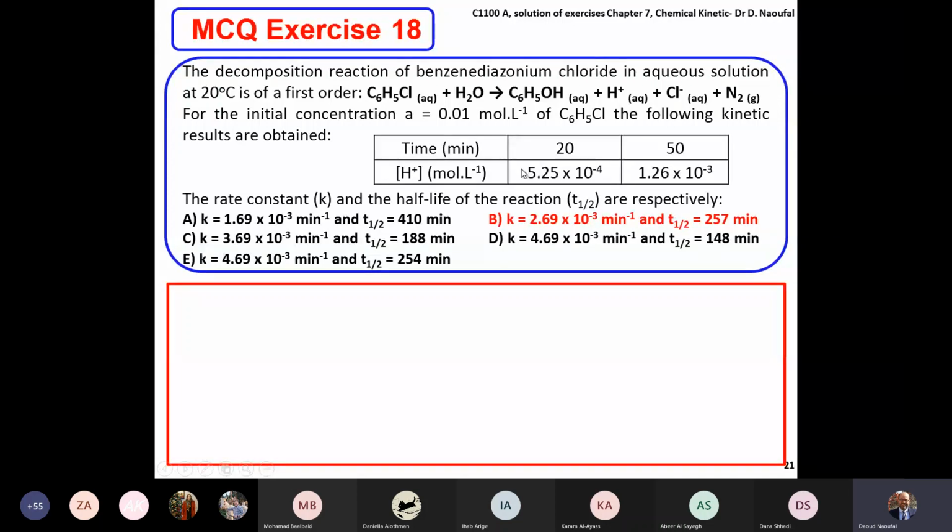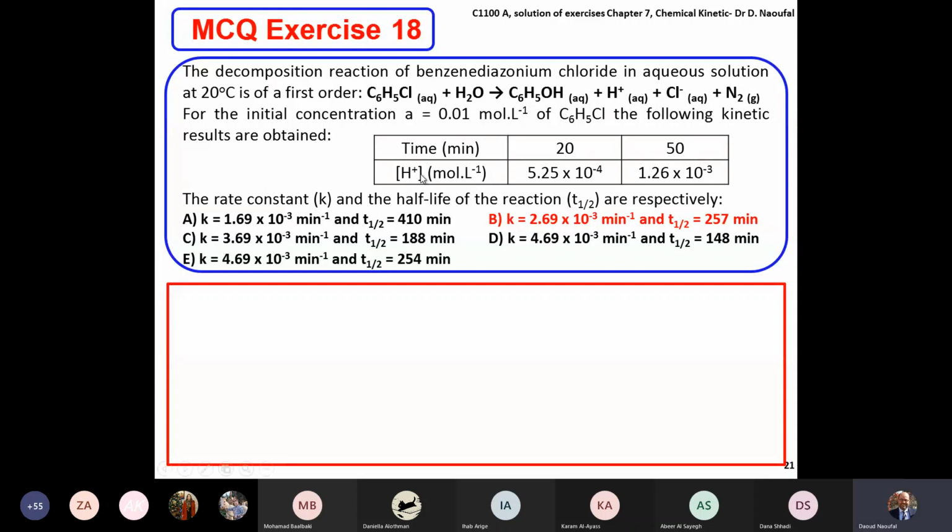Pay attention. In this problem, we have the variation of the concentration of the products formed as a function of time. And as you know, when we want to study the kinetics, we have to study the variation of the concentration of the reactants per time, and not the product per time.